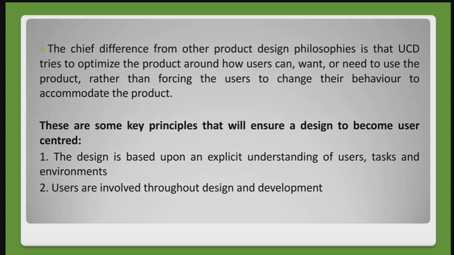The UCD is very tough, how this behavior is related to the user. We cannot change the behavior of the user, so we can change the product, we can build in the characteristics which the user needs, incorporating them into our product actually.